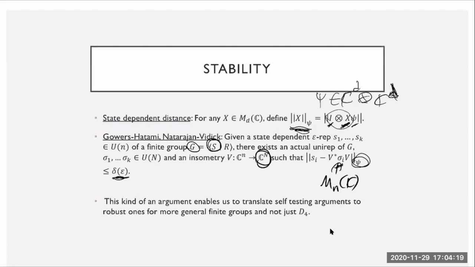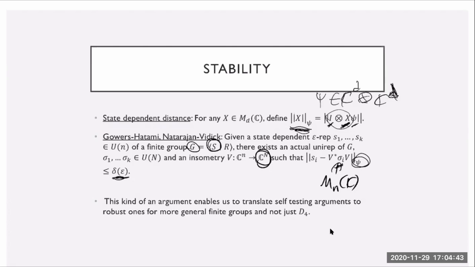Anti-commutation means that AB plus BA equals zero, so AB equals minus BA. But still unitary? Yes, still unitary. You can think of it as a central extension.